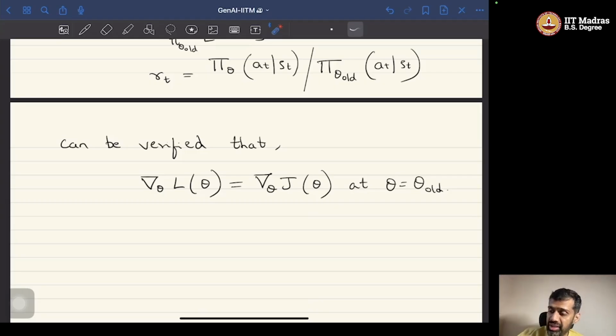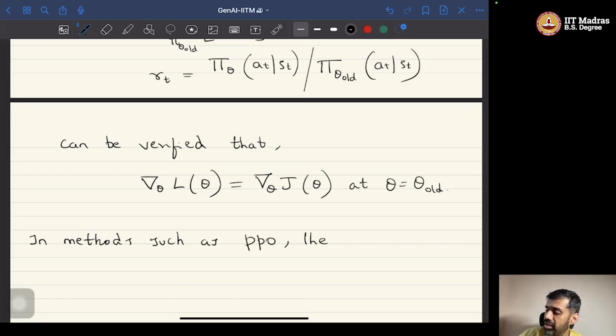Okay. Now, why is this important? In methods such as PPO, DPO and TRPO, the surrogate objective is used.